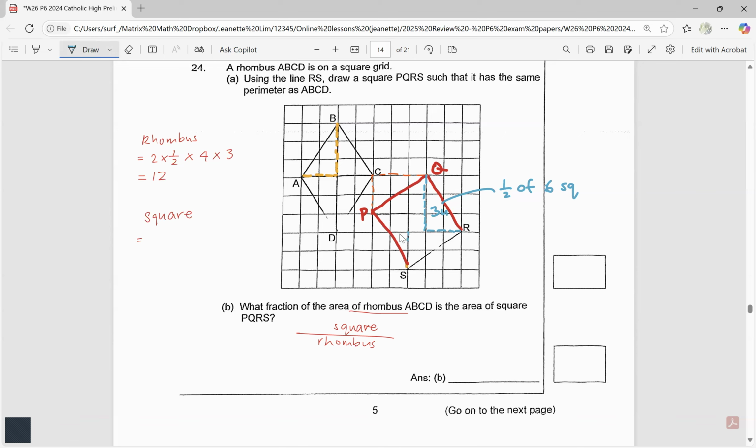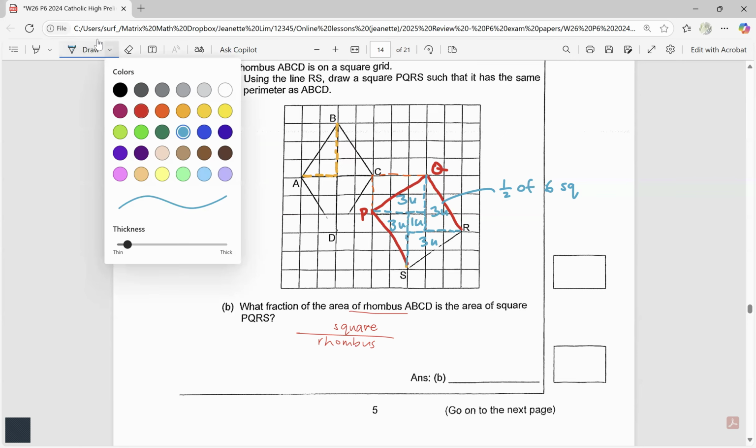And another triangle here, 3 units. And then another triangle here, 3 units. And then another triangle here, 3 units. Then you have one in the middle, which is 1 unit.